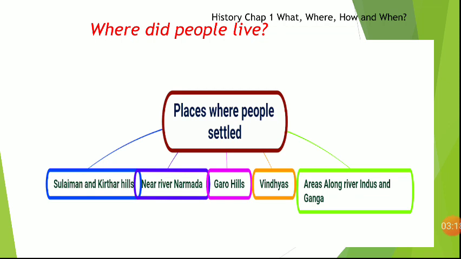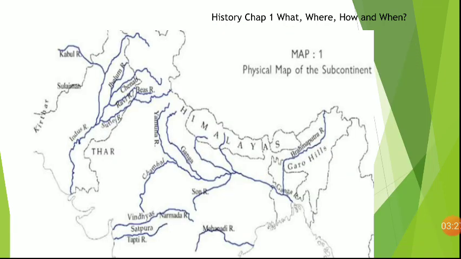This mind map helps to tell you the different places where the people lived in the past and exploited the resources. This map is referred to as the map of the subcontinent. Now, here we need to understand the word subcontinent.